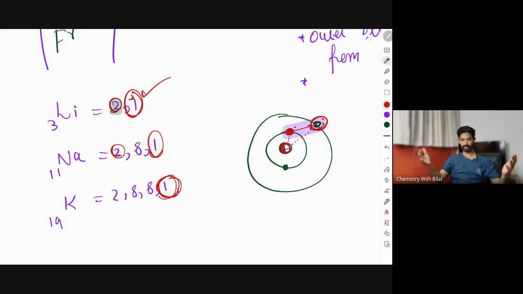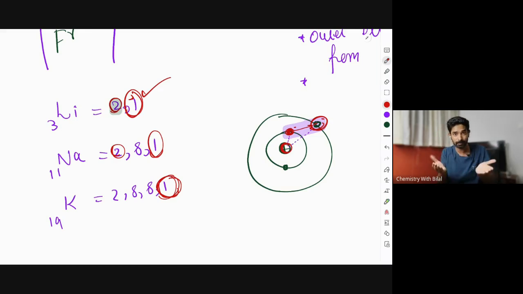Look, removing an electron requires energy, because they are being attracted by the nucleus. Which one needs the most energy? Lithium. Excellent, because lithium is smaller in size. The valence shell is closer to the nucleus. So as you go down, you remember you studied in group 1 of the periodic table, as you go down in group 1 the reactivity increases. Why did that reactivity increase?